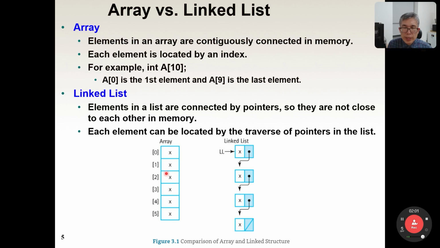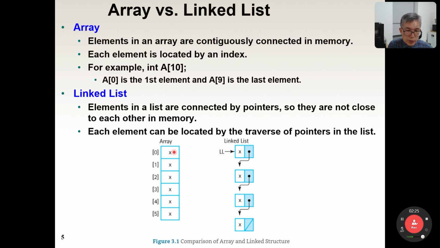So we have the figures: array and linked list. In an array, the elements are contiguous, consecutive from a memory point of view, close to each other in memory.